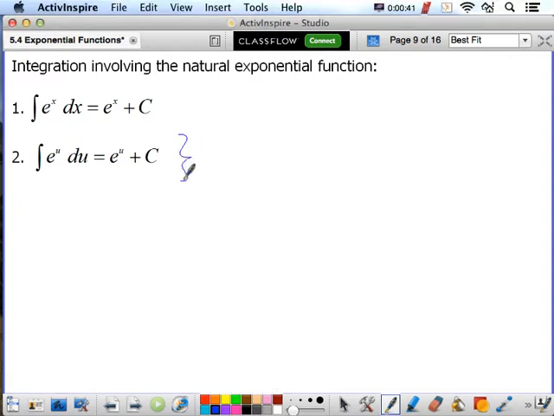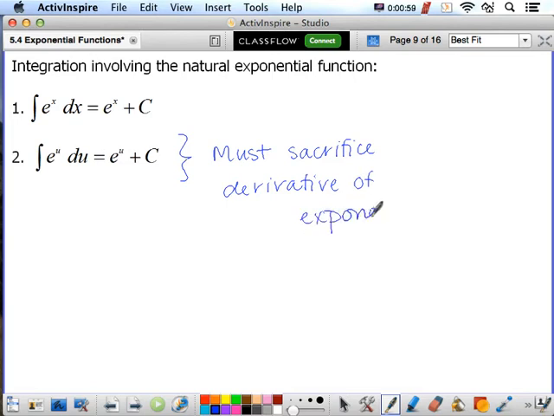This means that you must sacrifice the derivative of the exponent before you integrate back to e to the u. And remember that your book calls du your sacrifice. That's that chain rule's derivative that has to be sacrificed before you can integrate. So make sure that you take good note on that.